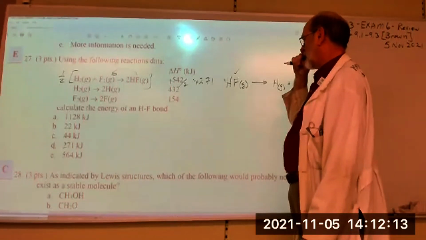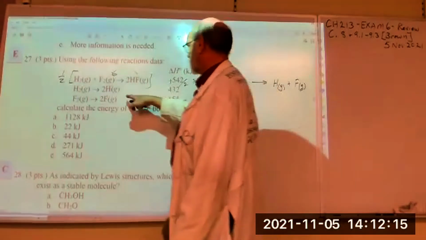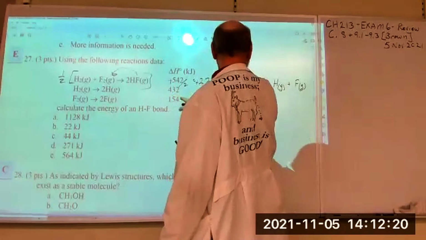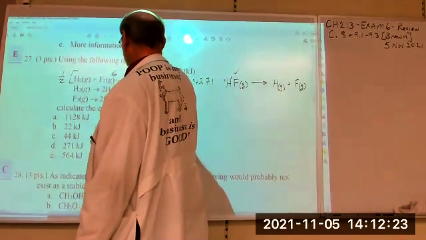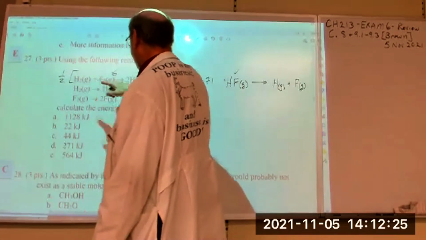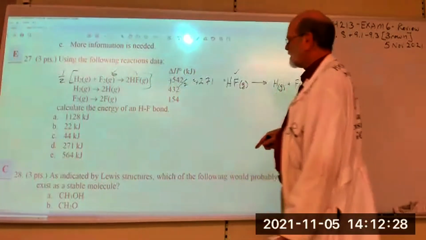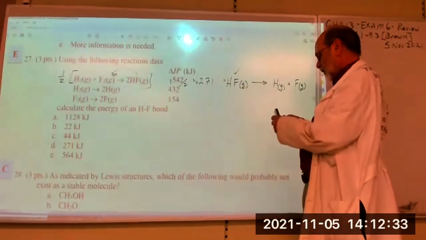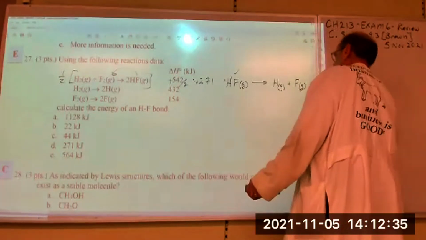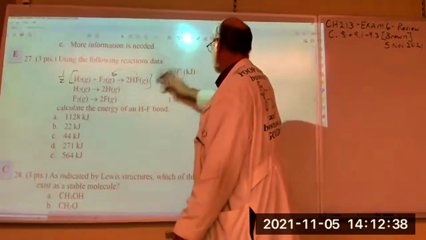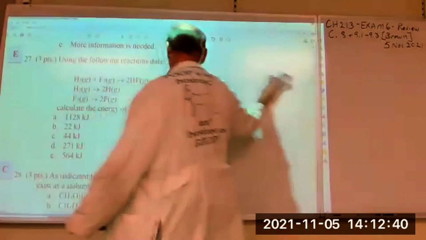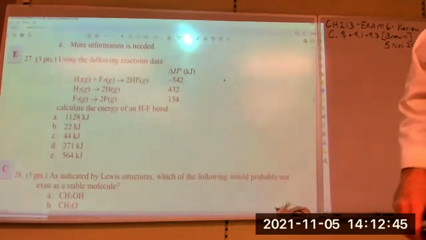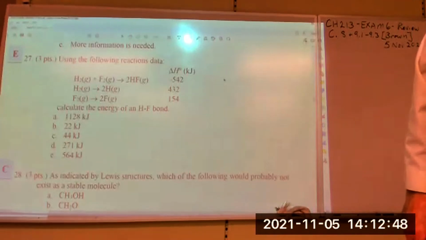Okay. What about this one? We need an H only on this side. We've got a half. Well, that's a half of H. Okay, I'm going at this wrong. More complicated than I thought.